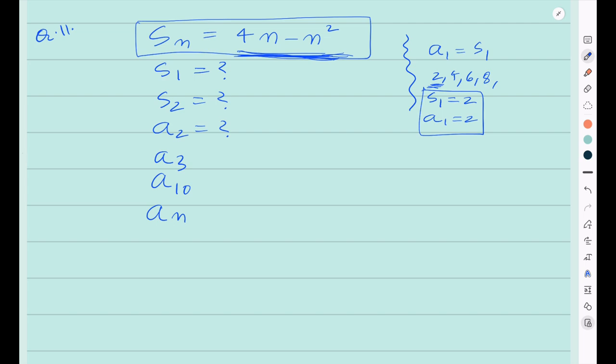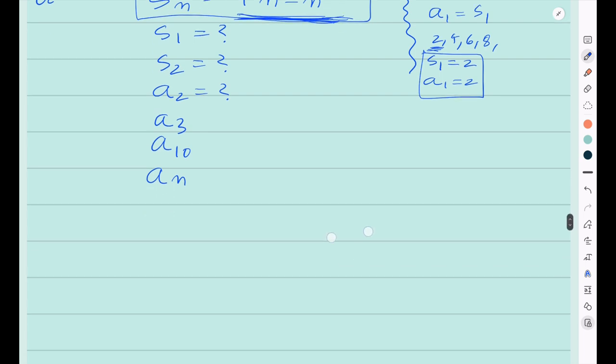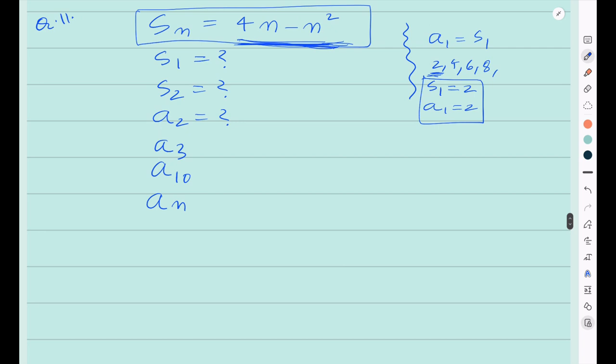Basically, we know the formula for Sn, isn't it? The formula for Sn is n divided by 2 times, and if we think about the first term, 2 times a plus n minus 1 d.